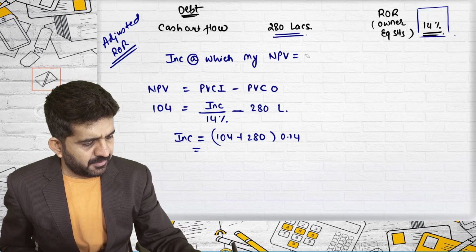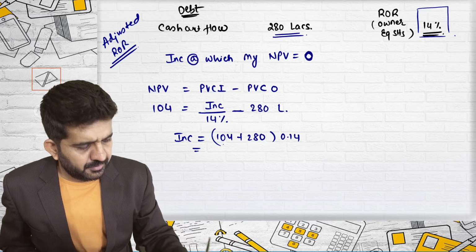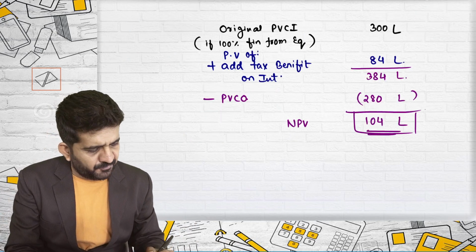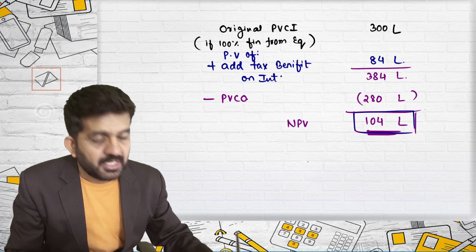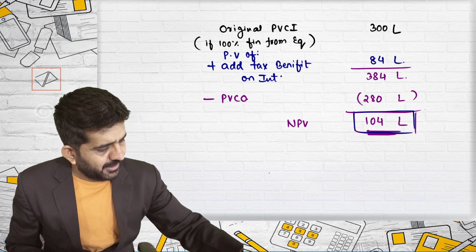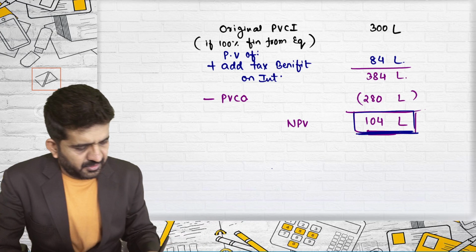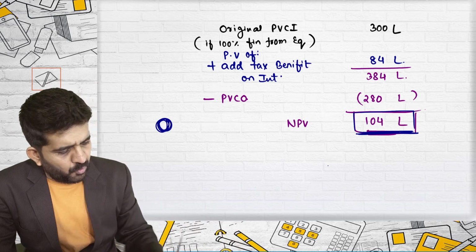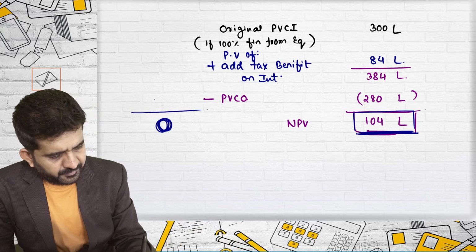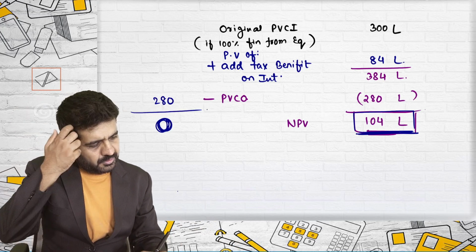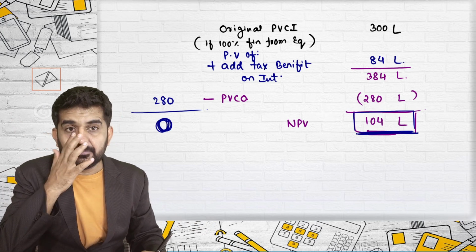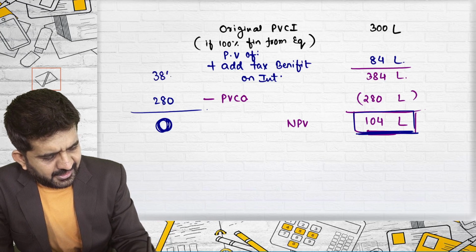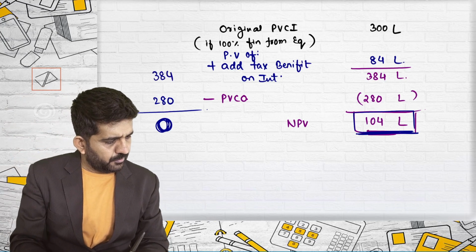I wanted to make my NPV 0. So I needed to reduce the present value of cash inflow by 104 lakhs, because right now this is 104, right? I want to make this 0. Present value of cash outflow is 280. Present value of cash inflow is 384.